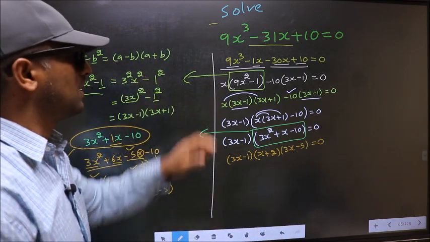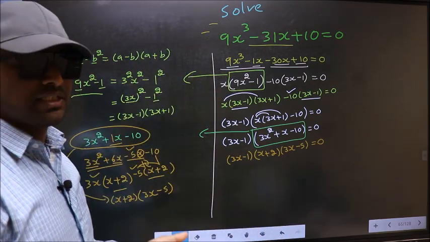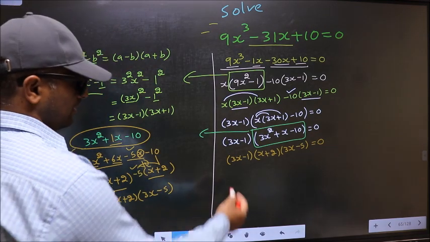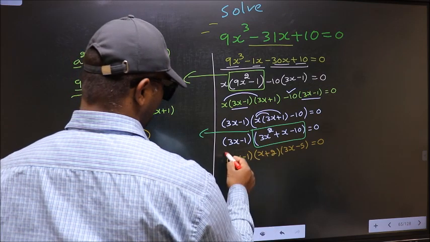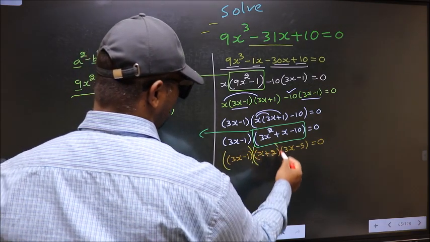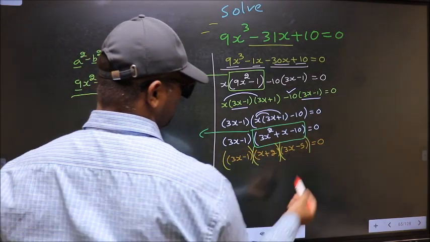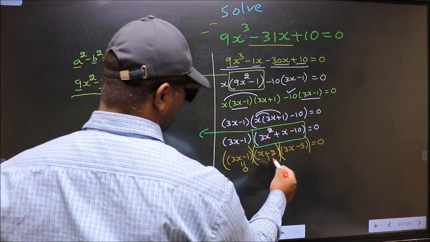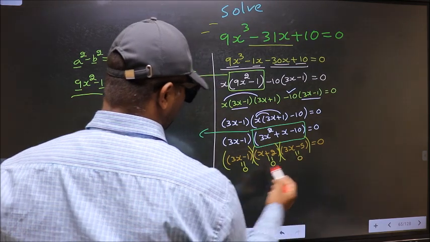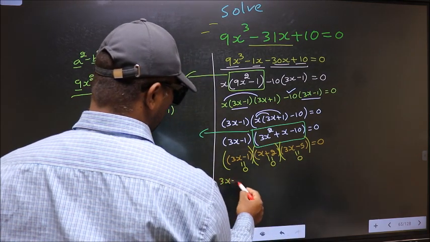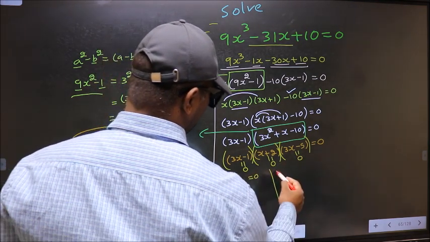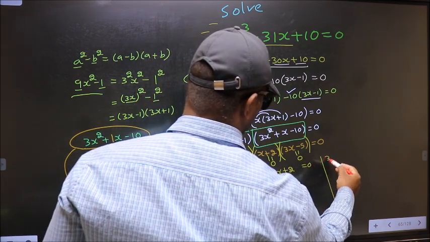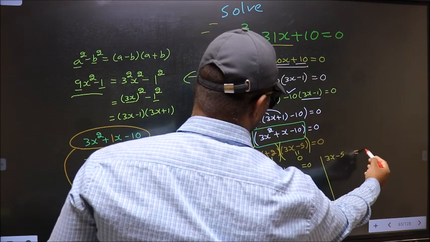Here they told us to solve, which means we should get the values of x, and over here we got product of brackets equal to 0. So to get x values, we should equate each bracket to 0. That is 3x - 1 = 0, x + 2 = 0, 3x - 5 = 0.